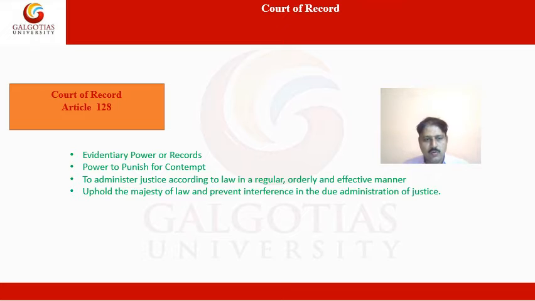It has the power to administer justice according to the law in a regular, orderly, and effective manner. Further, the Supreme Court, being a court of record, is empowered to uphold the majesty of law and prevent interference in the due administration of justice.